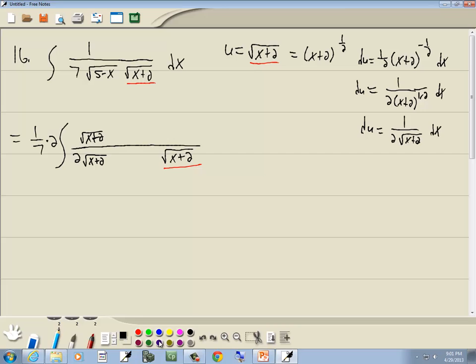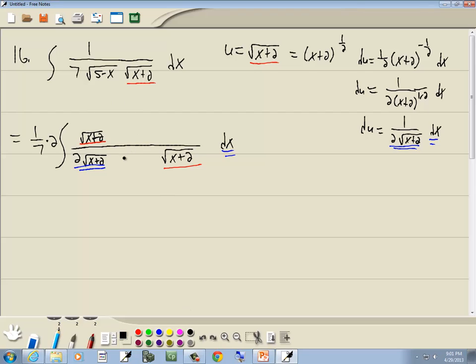Okay, well, 2 square root of x plus 2, 2 square root of x plus 2. I didn't write my dx down, but then dx, dx. So du is accounted for. So everything's good. We got an extra square root of x plus 2 up on top, but that's okay, because u is equal to that, so that's going to account for that.